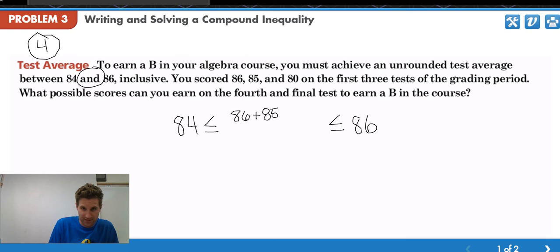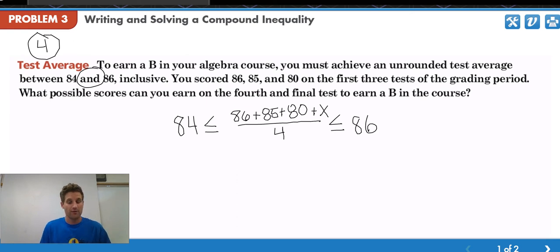We took a 3rd test, we got 80. Okay, we're going to take a 4th test, but I don't know what the value is, x. How many tests did I take? 4. Okay, from here we should be able to calculate what score we need to get on that 4th test to earn a B. Okay, so let's go ahead and try it out.